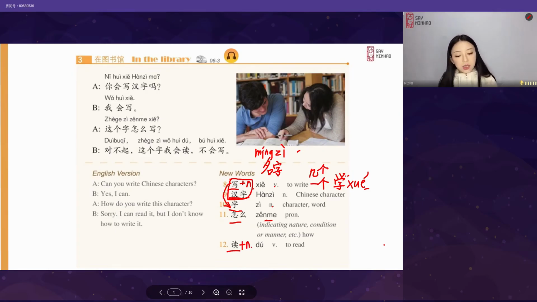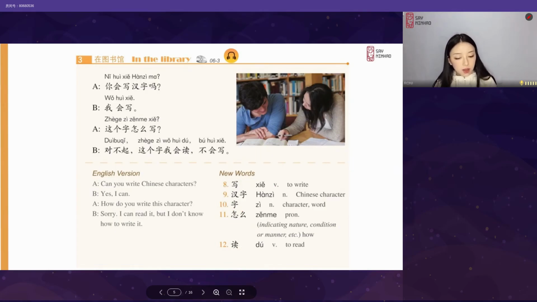Anything you want to read, you just put it after 读. 读 plus a noun means read something, and read book is 读书. 书 is a noun we've seen before, it means book. 读书 means read book. Okay, now let's try to read it from the start, each for twice. 3, 2, 1, 写汉字, 字, 怎么读.